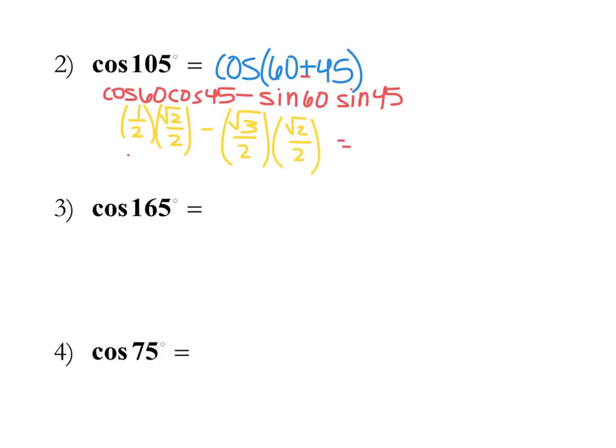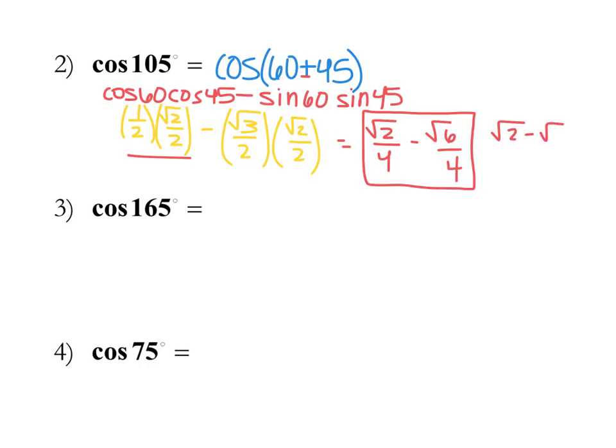Okay. Multiply. This on the left is root 2 over 4 minus root 6 over 4. You are going to have a lot of answers that look like this with the root 2 over 4 and the root 6 over 4. And you could make that one fraction like I did in the last problem, root 2 minus root 6 all over 4. Doesn't matter to me.